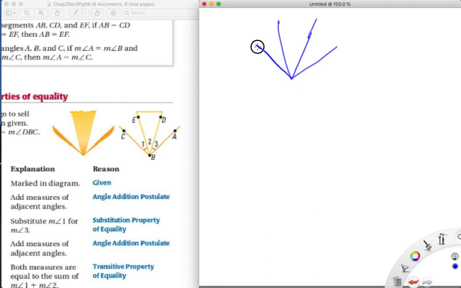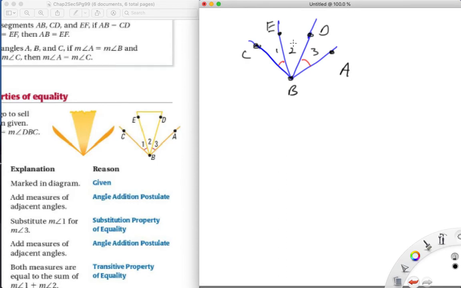Let's do that. And let's say these guys are the same. Call them 1, 2, and 3. Then we got our C. We got our B. Got our A. Got our D. And we got our E.